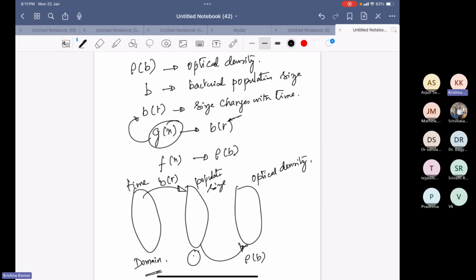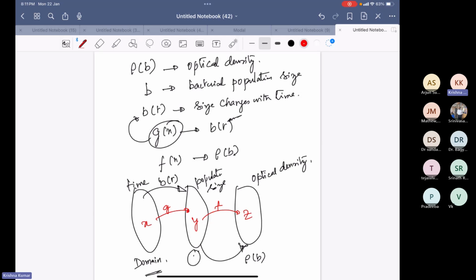So this is what we called initially x. Then we said g, so this becomes y. Then we said f, and that becomes z.